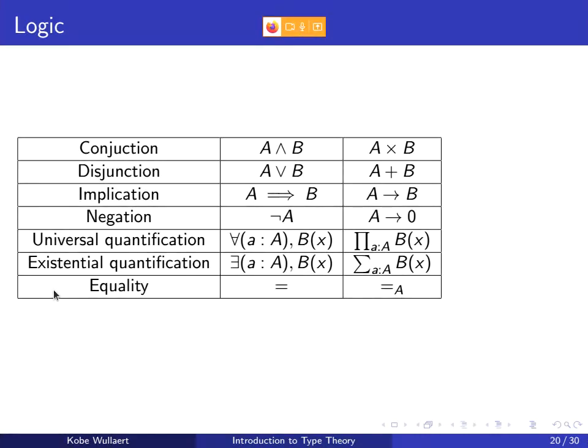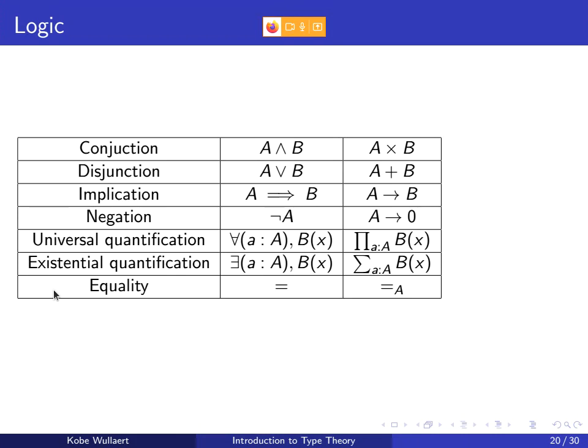It corresponds with an existential formula, because the term in here is a pair of A and then something of B of A. And this means precisely that B of A holds if you have such a term in here.